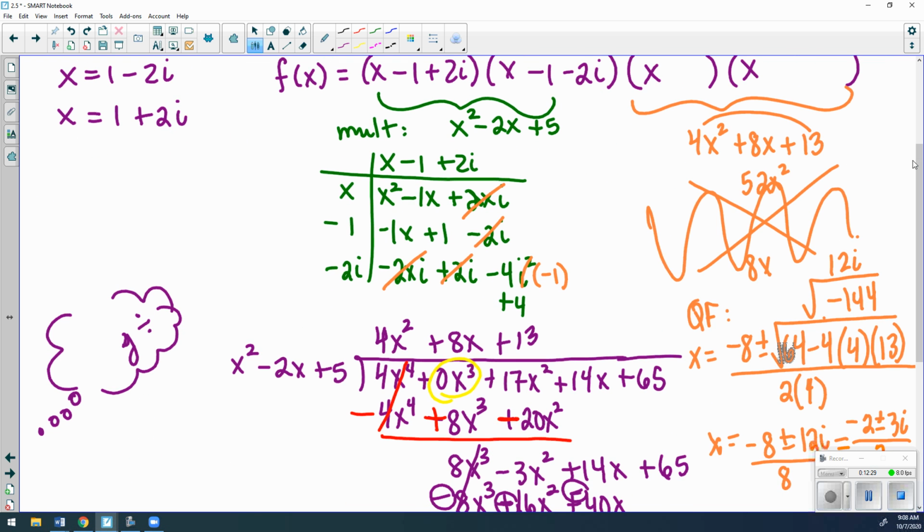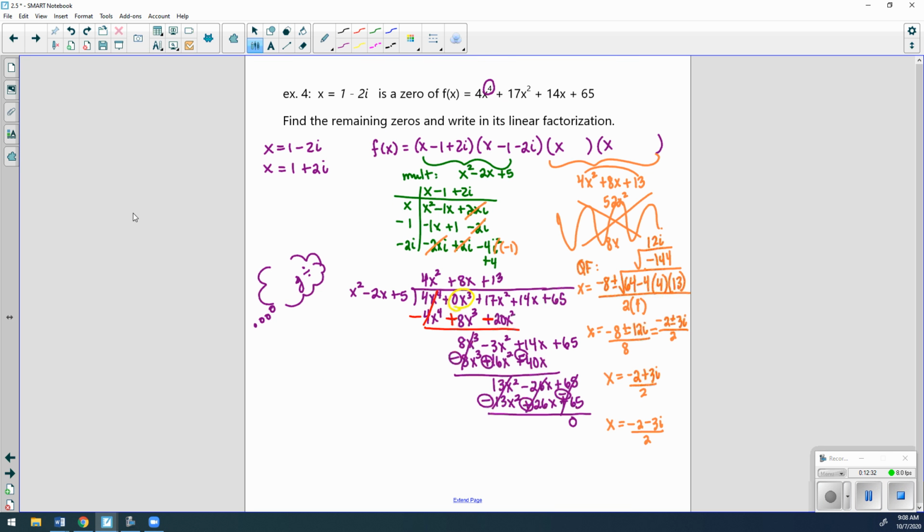So x plus 2 minus 3i over 2, and then x plus 2 plus 3i over 2. Now, it's not the most beautiful thing in the world. We should probably break that up into x plus 1 minus 3 over 2i, x plus 1 plus 3i over 2. But that'll do for now.